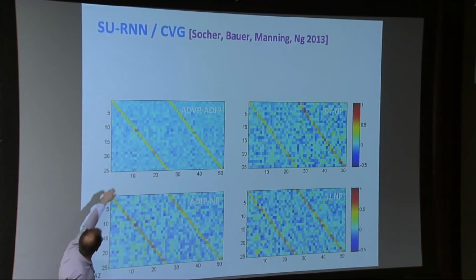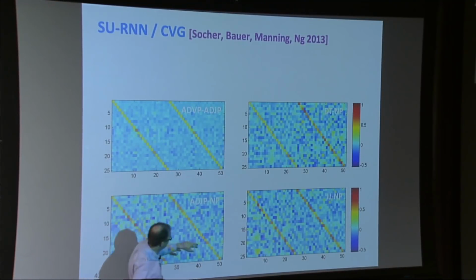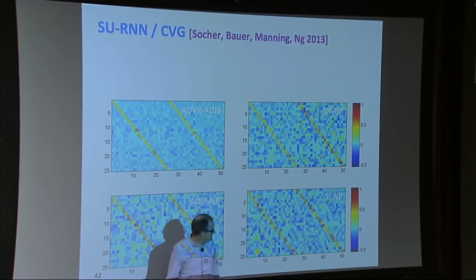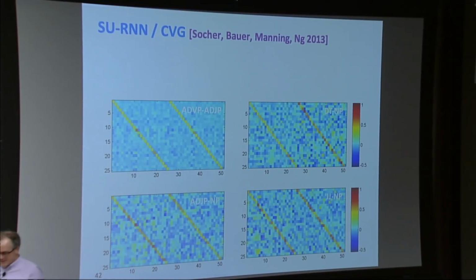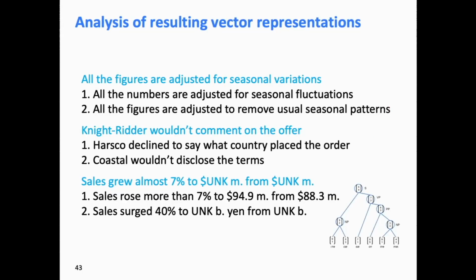So dimension 6 and dimension 11 show up in these different combinations as capturing meaning components. So that was kind of neat. And this slightly more complex model actually worked pretty well at capturing the meaning of phrases and sentences.